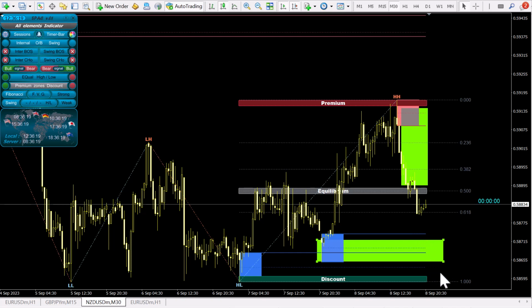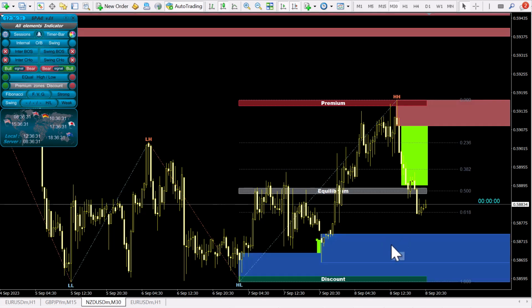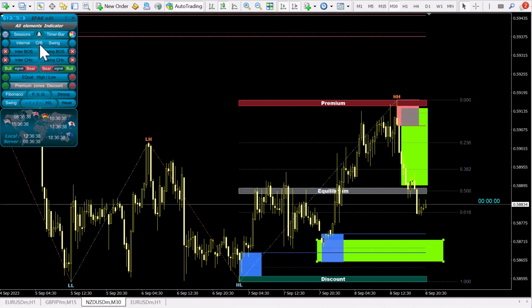The price might want to retest this level and go up, but as far as I'm concerned, I am interested in this order block a lot more than this one here. So I'm looking at this order block, and I'm looking for the price to come back to that order block here, and then probably to the upside, and that will be a very perfect place to take a buy.